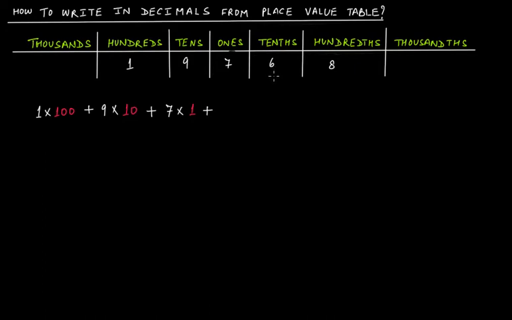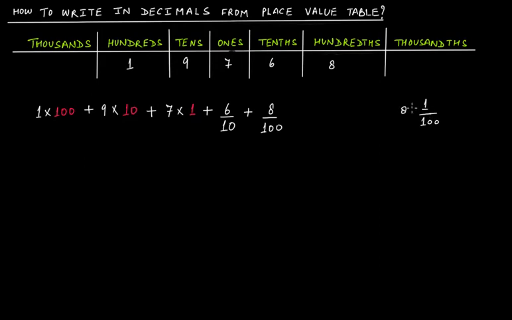So what fraction will 6 tenths represent? 6 over 10. Plus this is 8 hundredths. So what fraction will 8 hundredths represent? This will be 8 over 100. So in the case of hundredths, the multiplication factor will be 1 over 100.